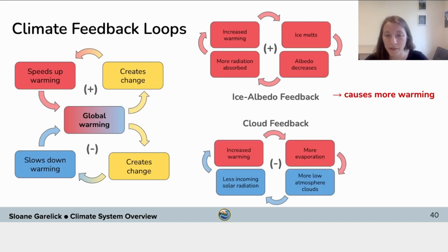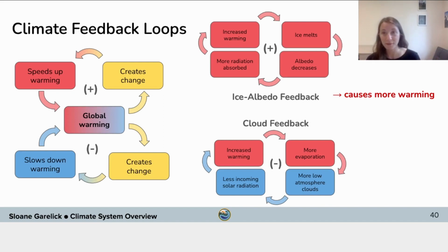Now, an example of a negative feedback related to climate is the cloud feedback. Again, if we have this initial change of increased warming, this can result in increased evaporation. Then this increased evaporation will result in lower atmospheric clouds, and these atmospheric clouds will reduce the amount of incoming solar radiation that reaches Earth's surface.